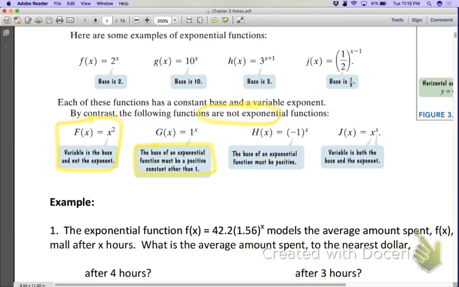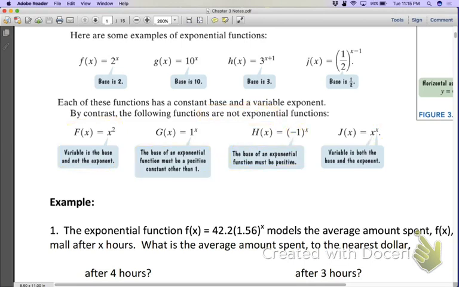It has to be a positive constant value, so it can't be negative; that sends up a red flag. And the base and the exponent can't be the same value. It can't be 2 to the second, and it can't be x to the x power. That's not how it's going to work.